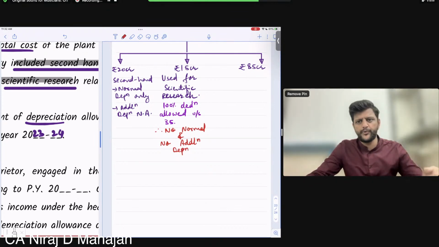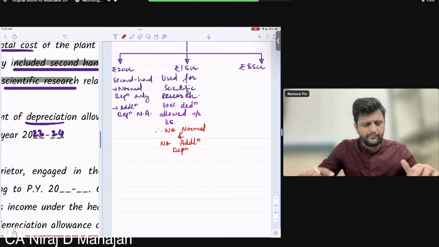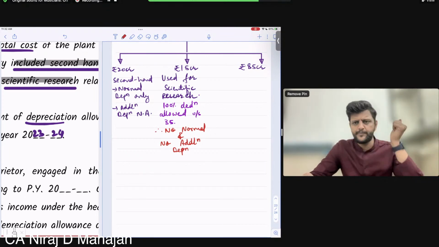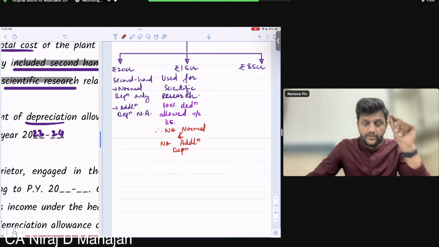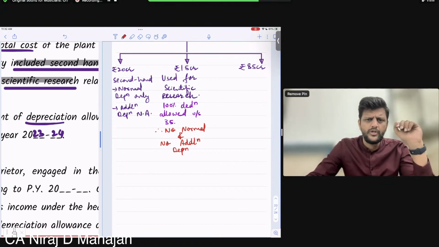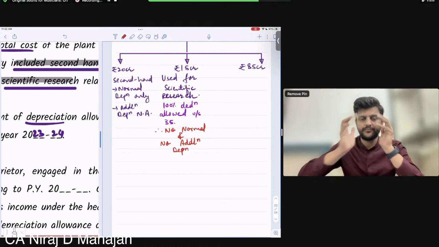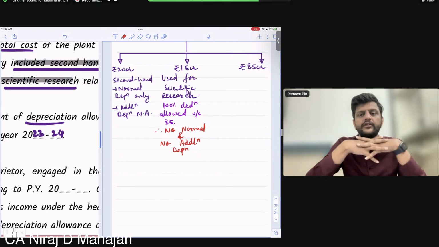Do you remember the PGBP computation? We start from net profit as per P&L. They were not given in the question, but I'm asking you. Correct, Ilya? Tell me, what will you do in the computation of PGBP for this 15 crores? Let us say net profit as per P&L is 100 crores. What will you do? Add or less this 15 crores?